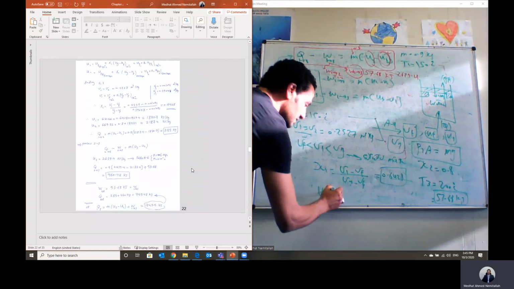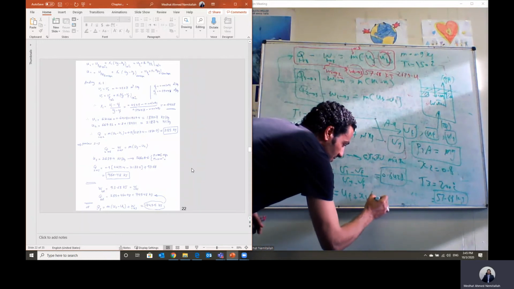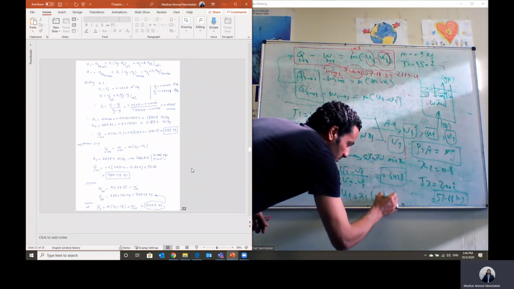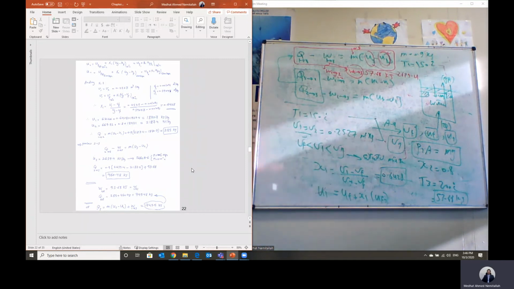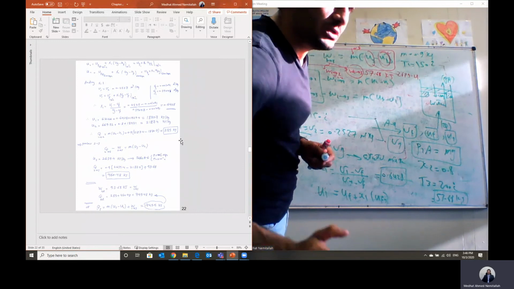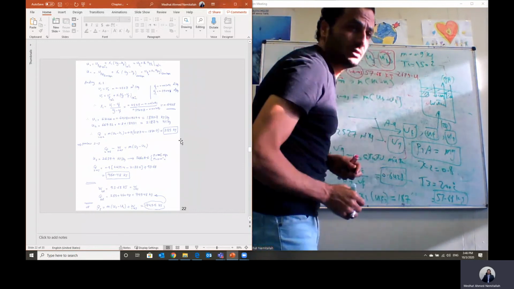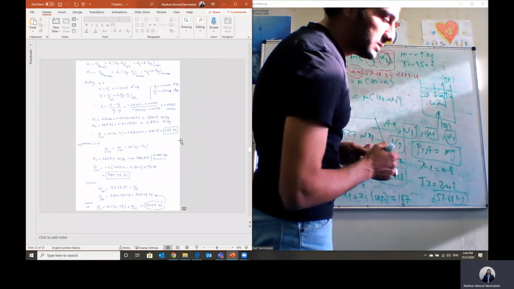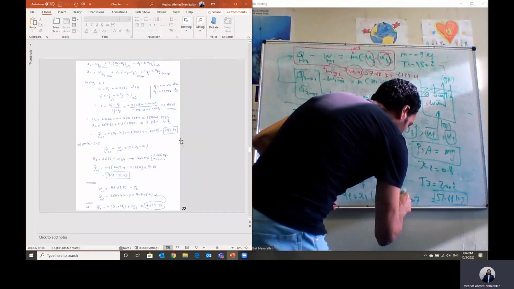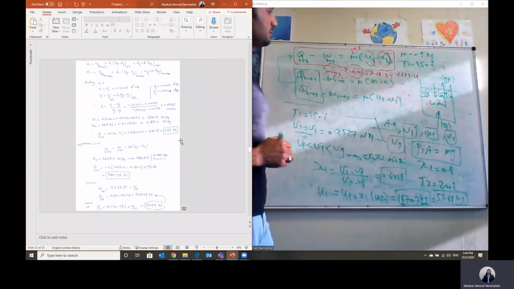Then U1 will equal U fluid plus X1 multiplied by U gas minus U fluid, or UFG, which we can get directly from the table. If you calculate it, U1 will be equal to 1870.7 kilojoule per kilogram. And this is the value of U1.